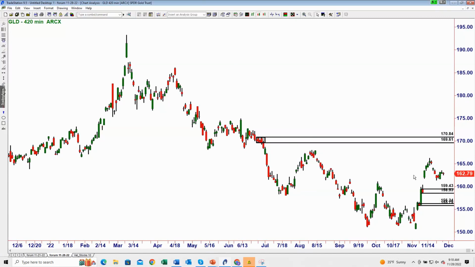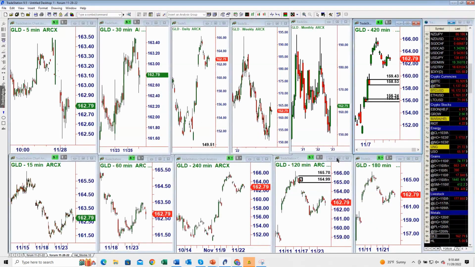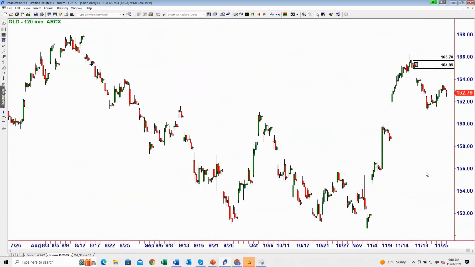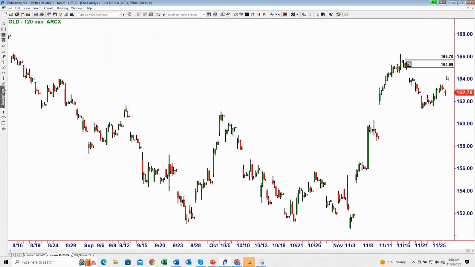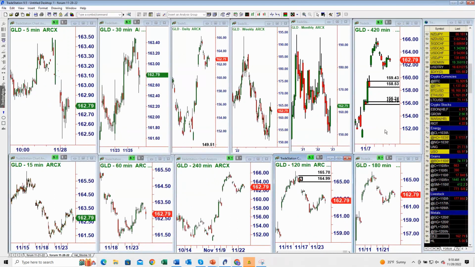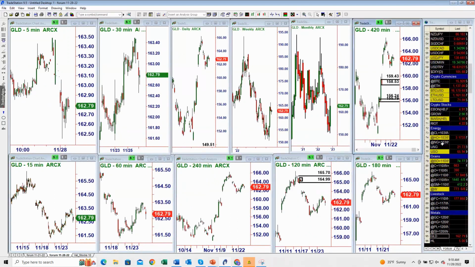And there's that higher probability one that I just showed you in the futures, sitting down around 156 in GLD, which is the gold ETF. Above the range, there's the 169.60. Before we get there, however, we have the 165 supply sitting above. We're not close to either of those, so we don't need to spend a lot of time there.